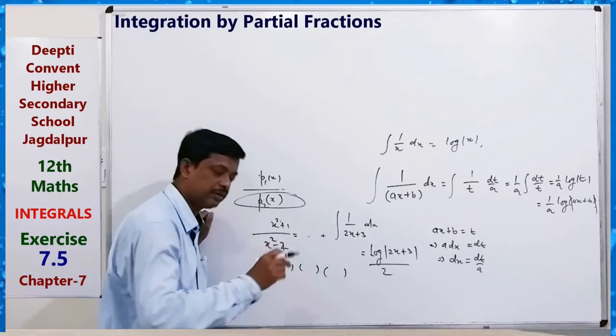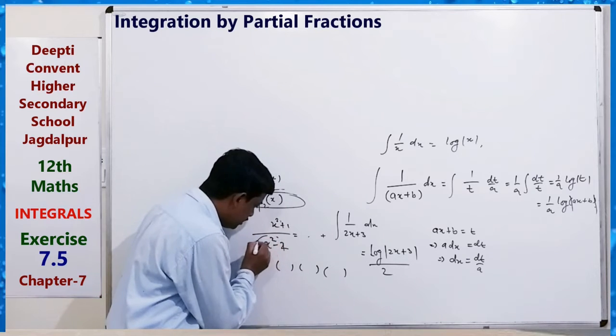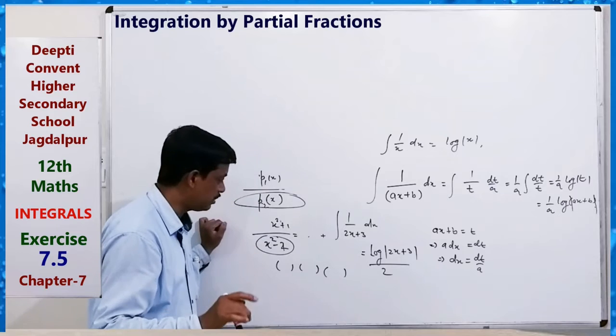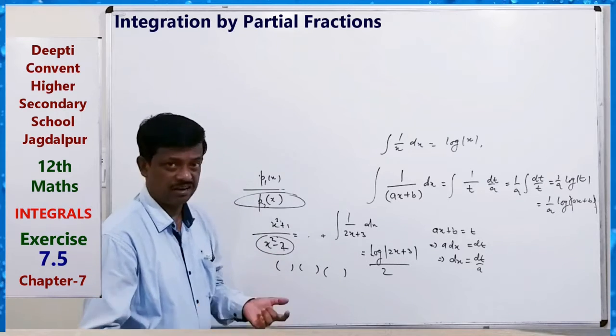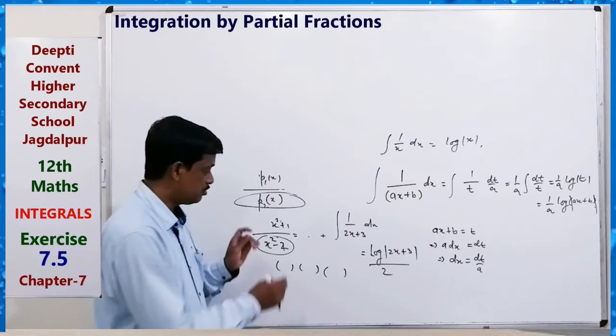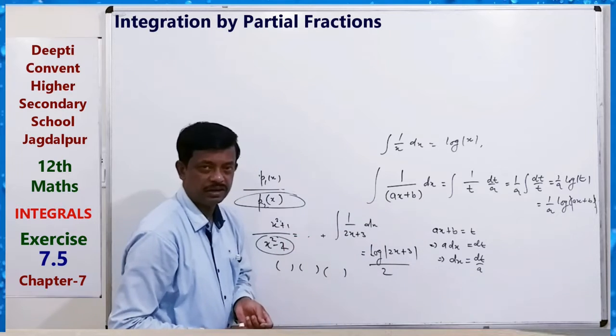We have to factorize first, and then we can write. If the denominator contains a second degree factor that cannot be factorized in the real case, then we can use this second degree factor directly as a denominator in the fraction.